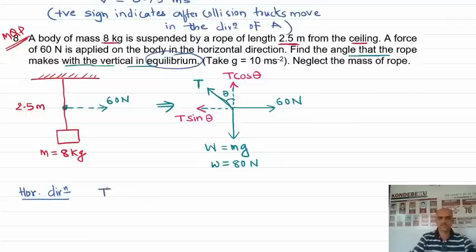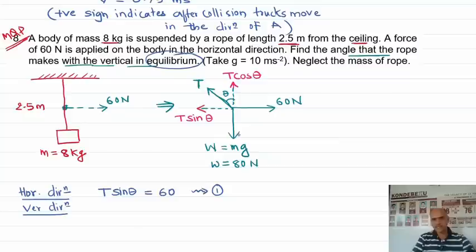So in horizontal direction, T sin theta is equal to 60. This is equation 1. Similarly, if you equate forces in vertical direction, T cos theta is upward and 80 is downward.